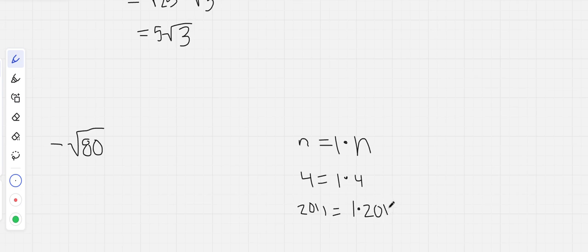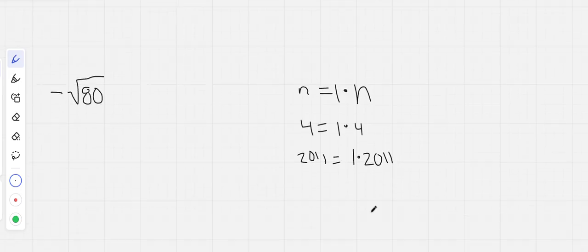And negative 5 is equal to 1 times negative 5, right? So we always know 1 times a number is going to be equal to the number.